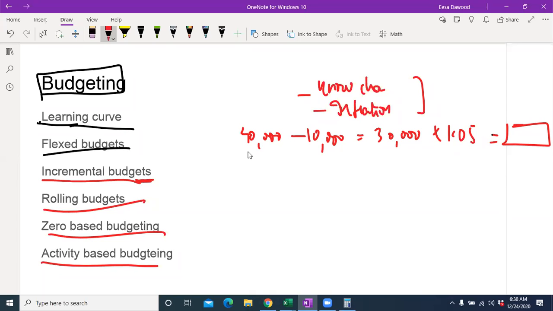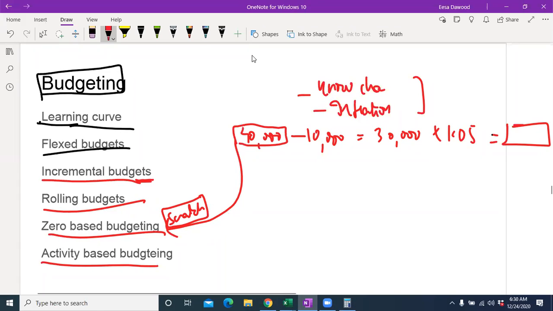But the disadvantage is that I started from 40,000, but there might have been a way to actually reduce the cost by starting from scratch. If I set a budget starting from scratch, maybe I can actually reduce my cost by choosing alternative methods, by choosing alternative packages.